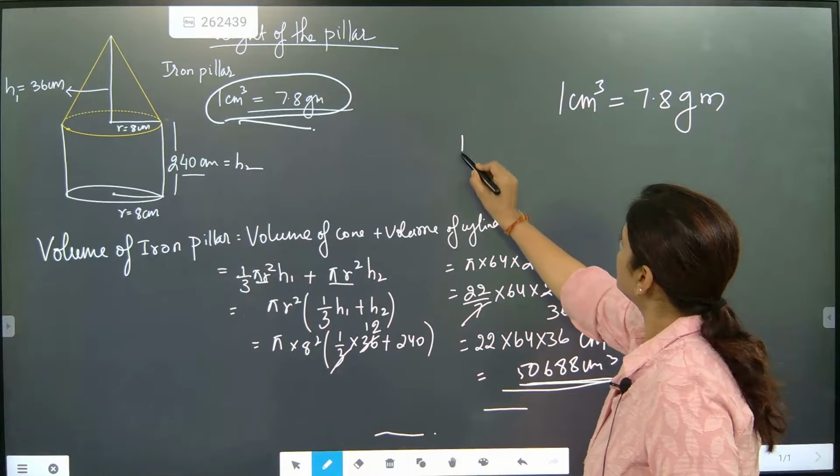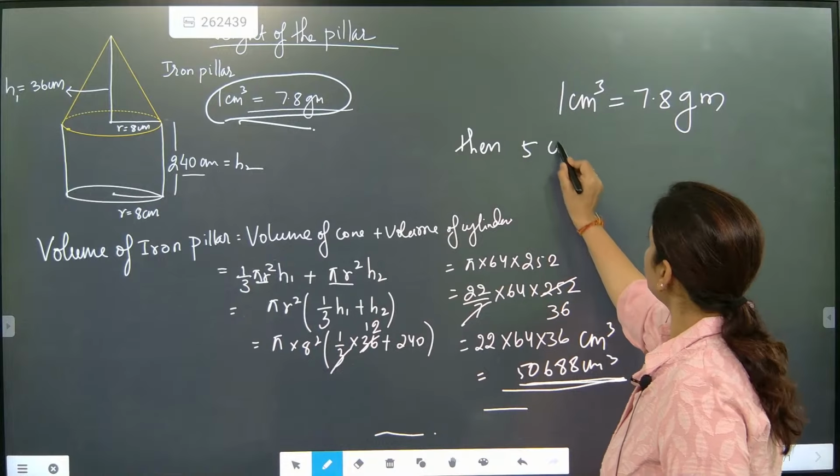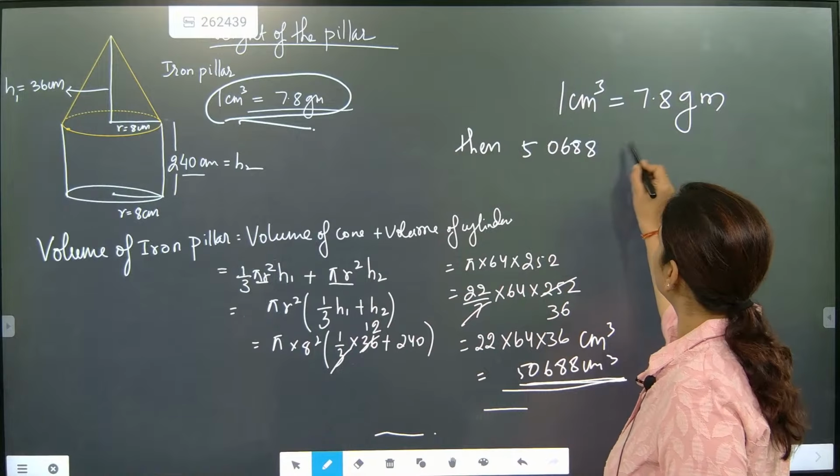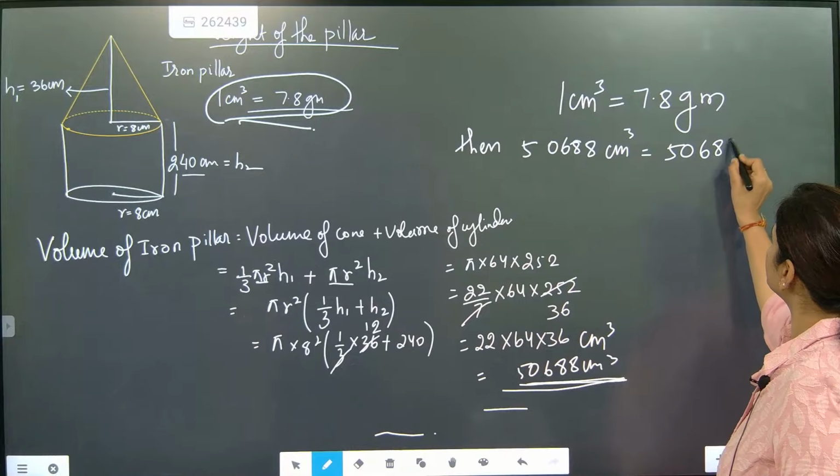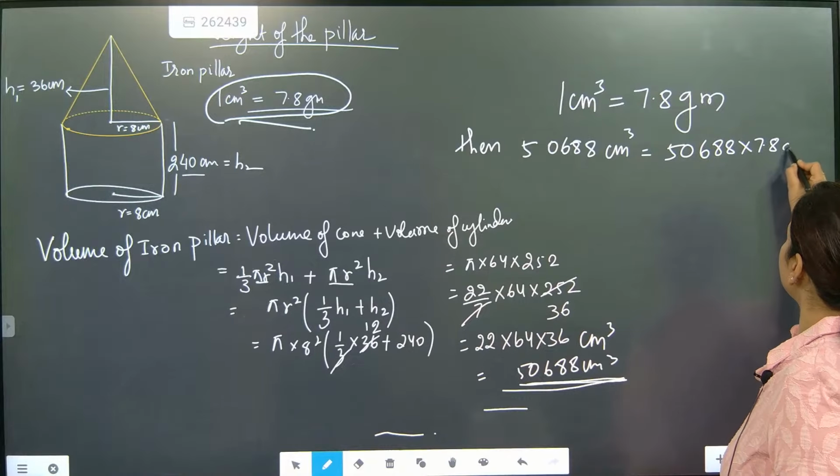Then 50688 cubic centimeter will be direct multiplication, 50688 into 7.8 grams.